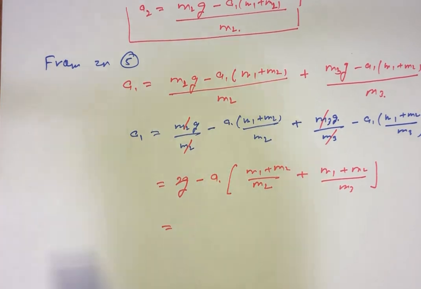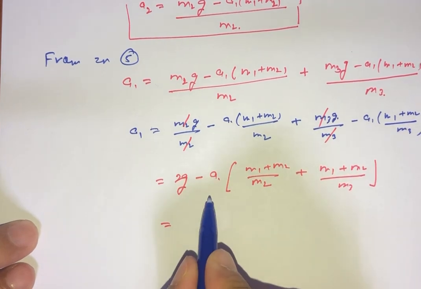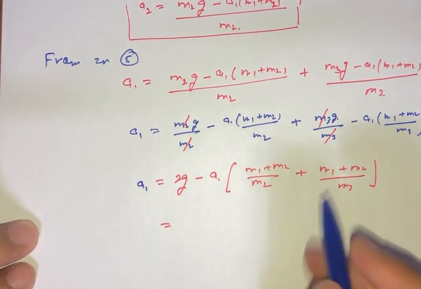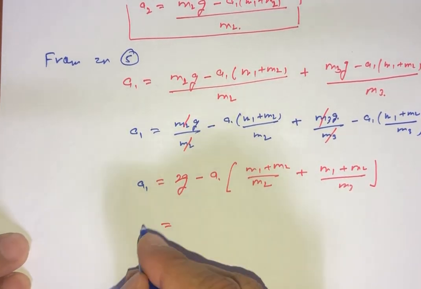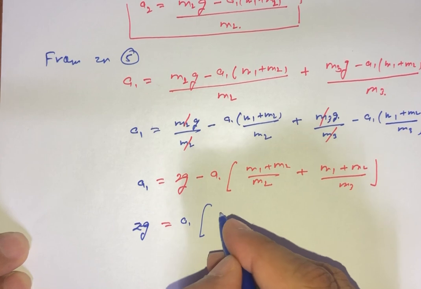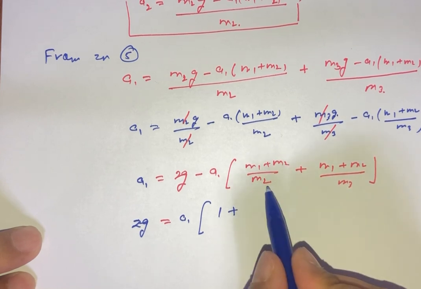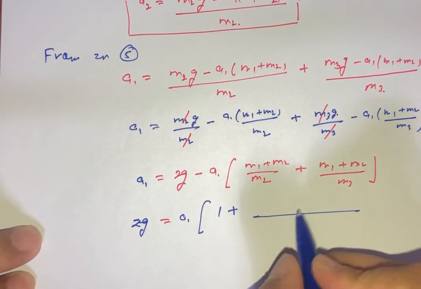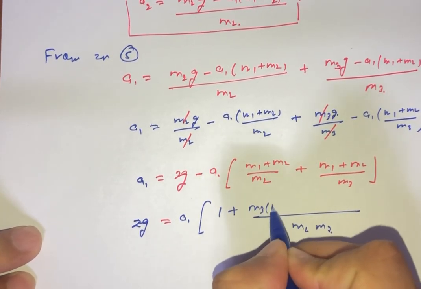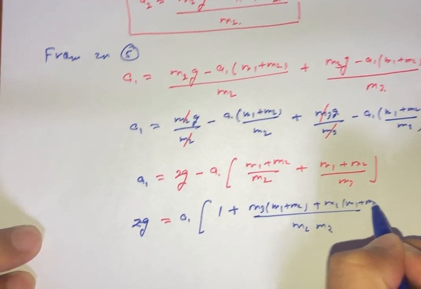Now this can be further written as, here it is a1. Now we bring this entire term toward one side, so we get 2g is a1 as common from the entire thing. We get 1 plus, now we take m2 m3 as LCM, m2 m3, and this we get as m3 (m1 plus m2) plus m2 (m1 plus m2).